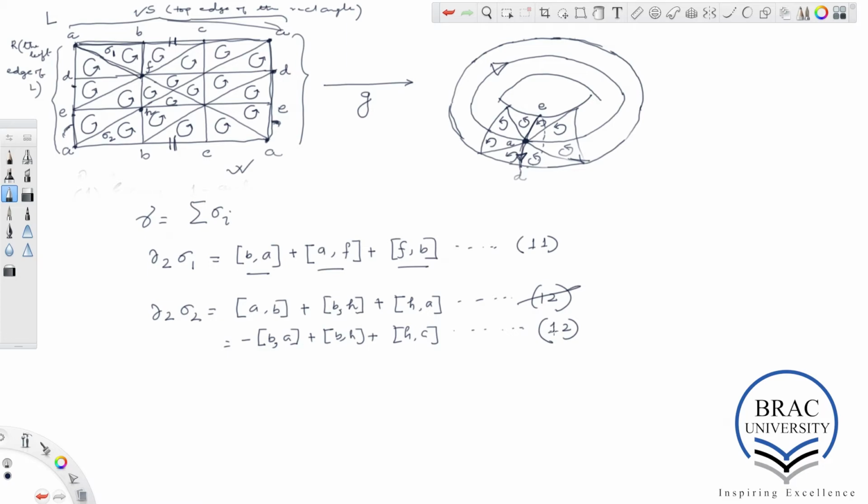All right, so we immediately see that when you add them up, this does not have any contribution of the one chain B comma A, because this is going to be cancelled against this contribution.